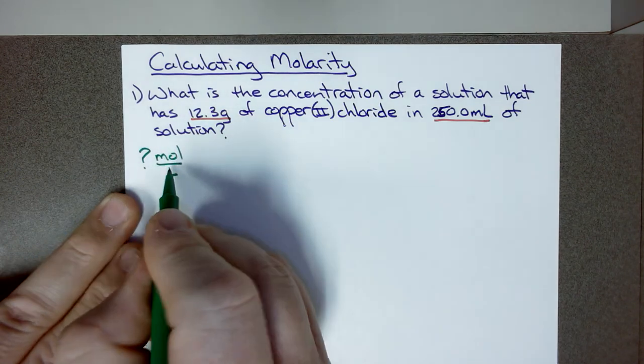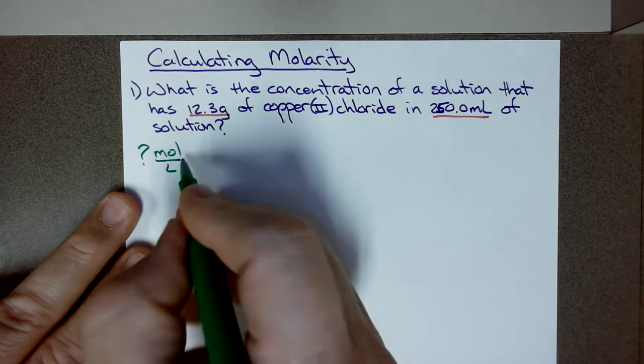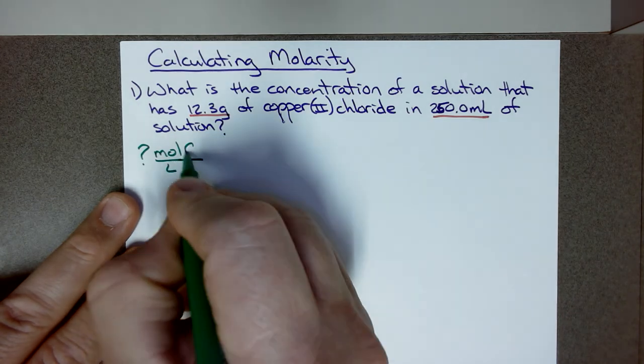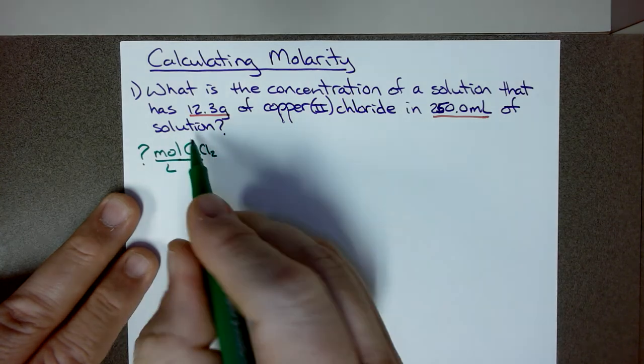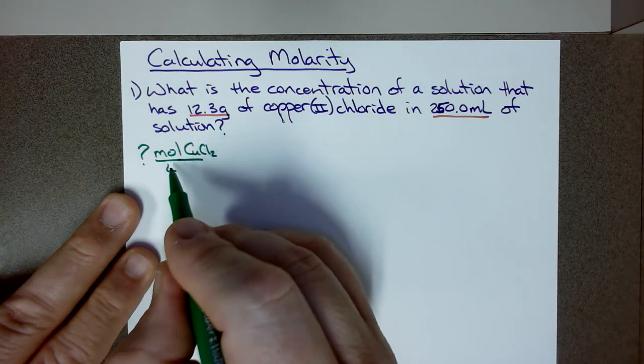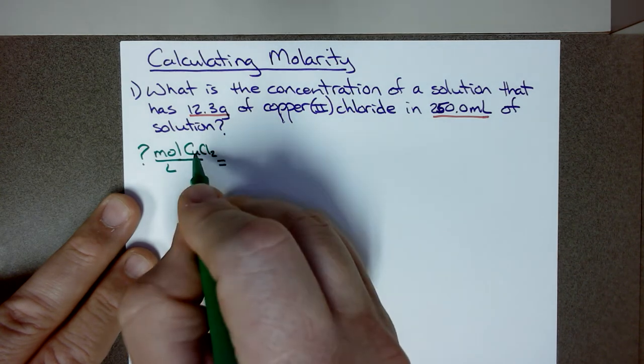That's concentration, that's molarity, right? Capital M. And in this case, we're looking for moles of copper 2 chloride per liter of solution. Copper 2 chloride is what is being dissolved. That's the solute.